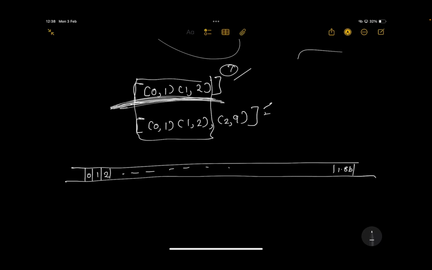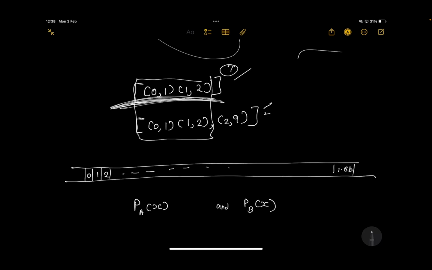Now you have two polynomials, P of A and P of B, right? If they're the same, regardless of what you pick here, they will always be equal. So you're good. Now what if they are different?